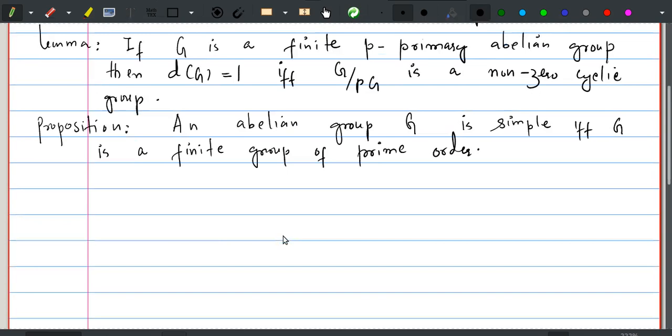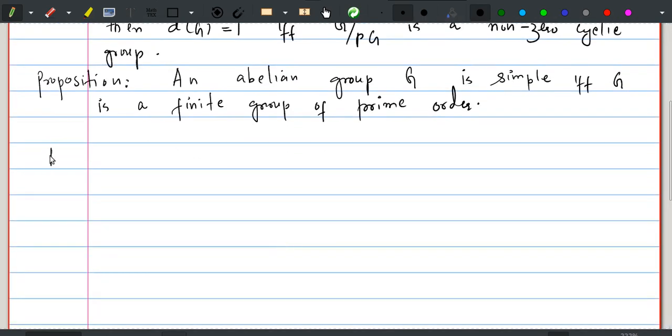So let us prove this. First we prove one direction. So first we'll assume that G is a group of prime order. So let G be a group of prime order.